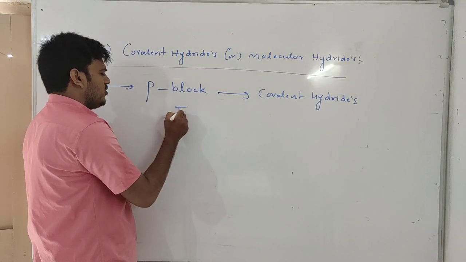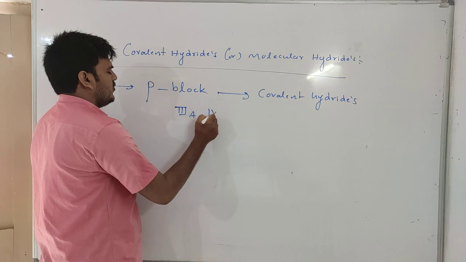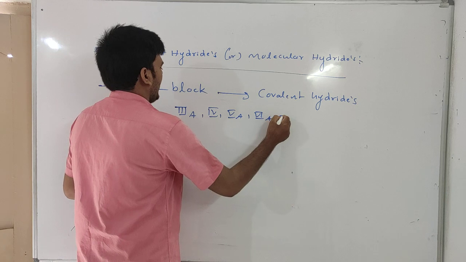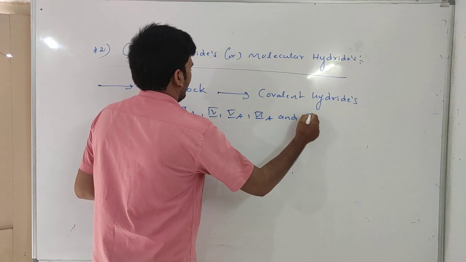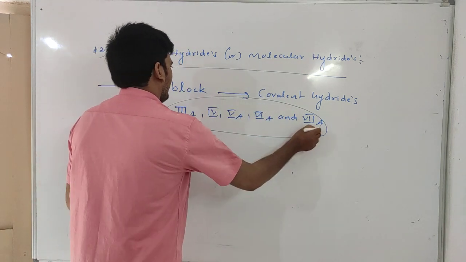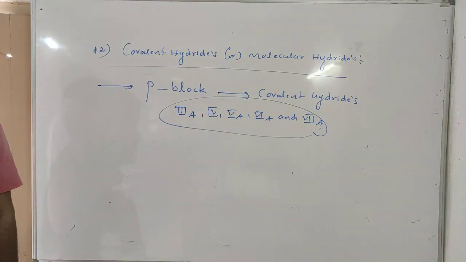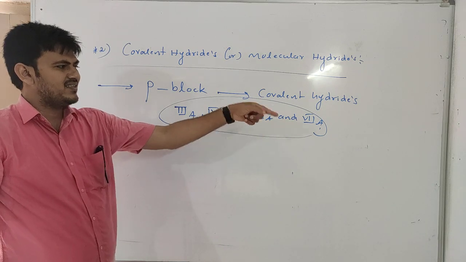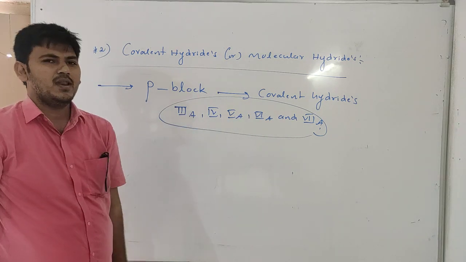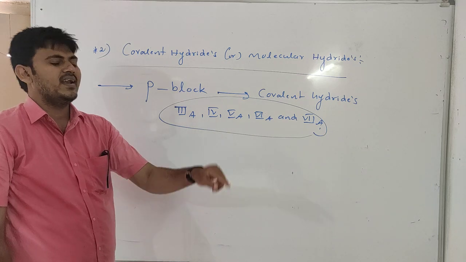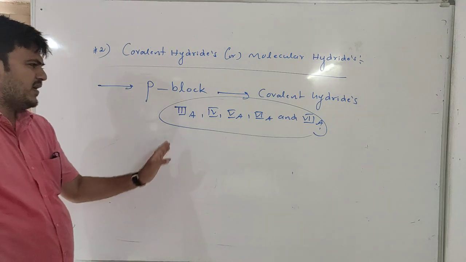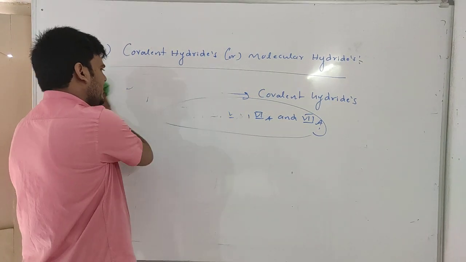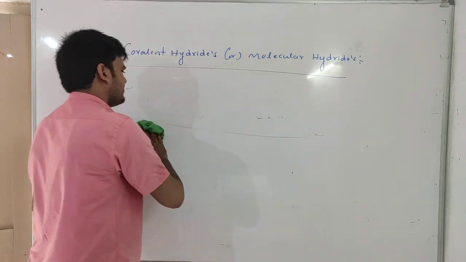That means third A group, fourth A group, fifth A group, sixth A group, and seventh A group elements form covalent hydrides or molecular hydrides. That means third A to seventh A group elements. And further, covalent hydrides are classified into three types.